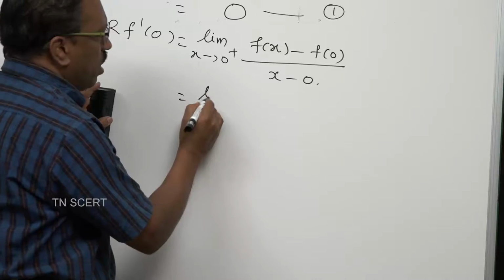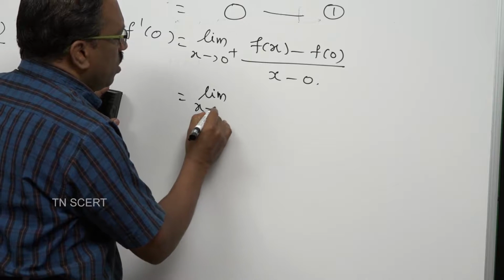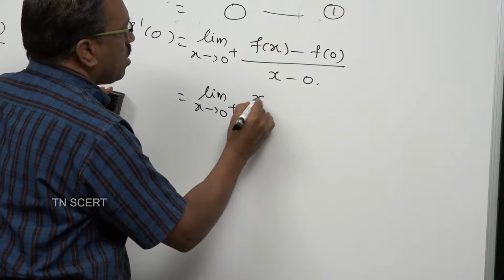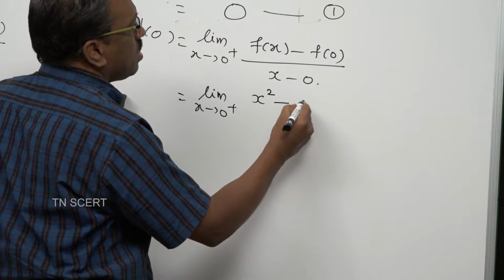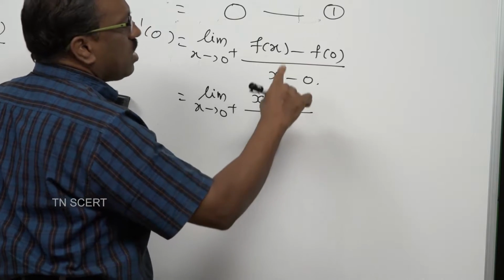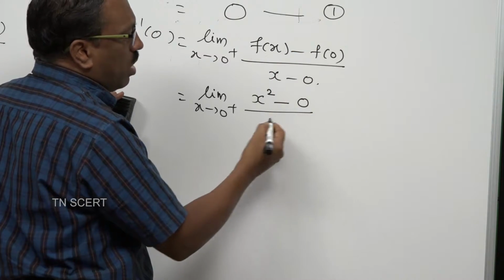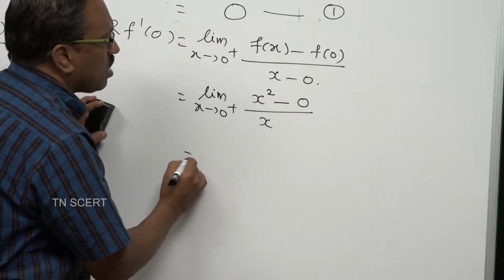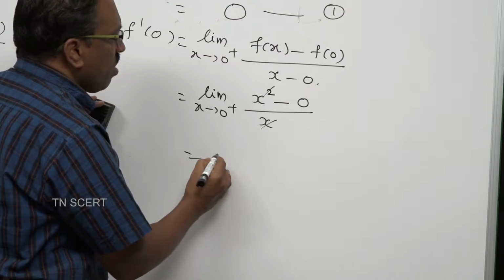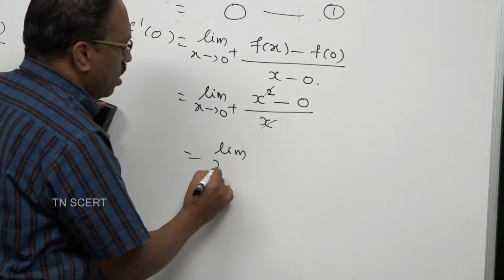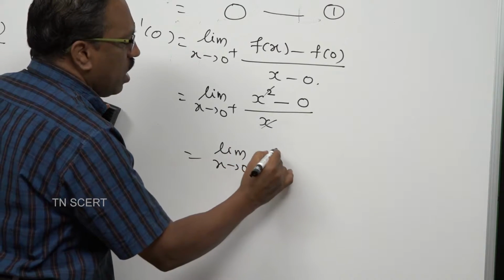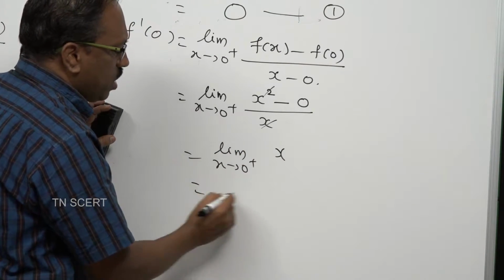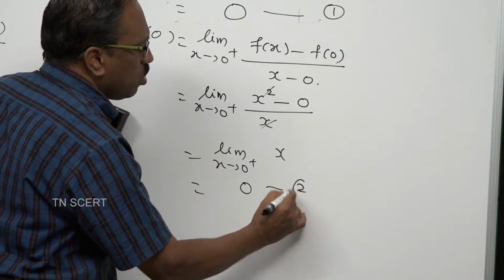So limit x tends to 0 plus of x square minus 0, because 0 square is 0 only, over x minus 0, which is x. Now x and x get cancelled, finally limit x tends to 0 plus of x. In the place of x substitute 0, so the result is 0. This is result number 2.